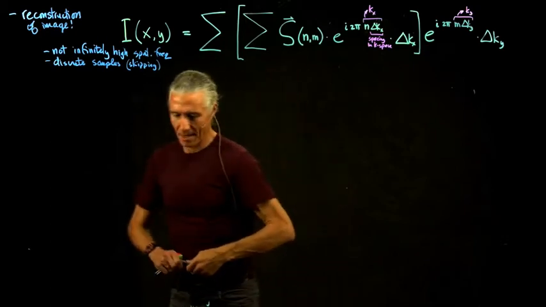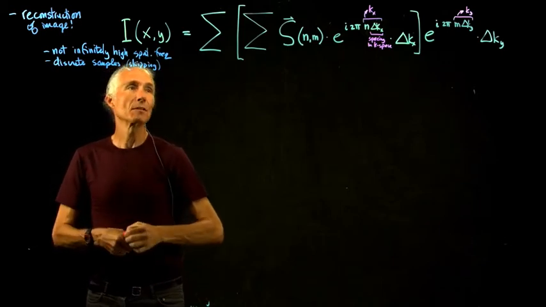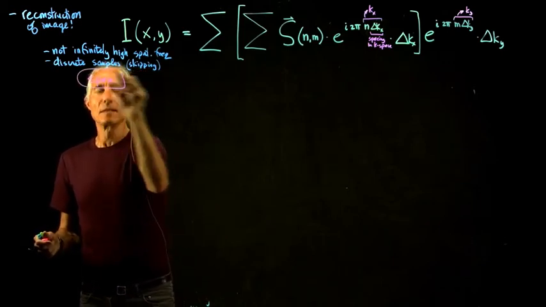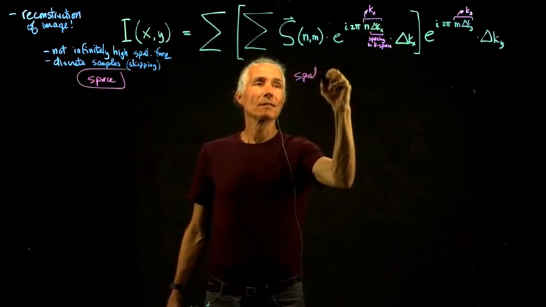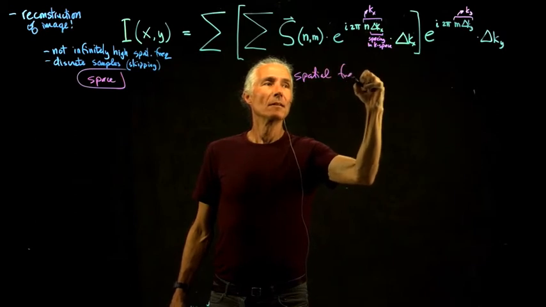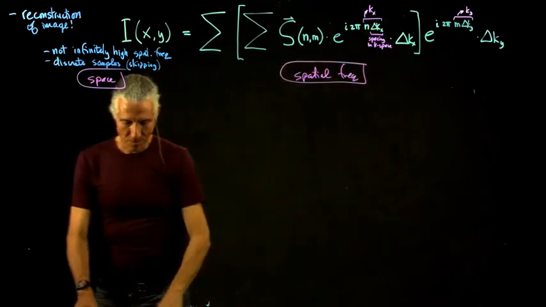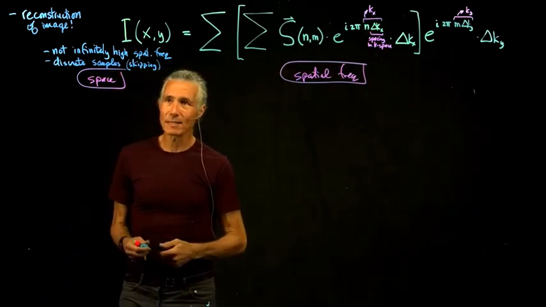So if we look at, starting, here's the space side of things, and here's the spatial frequency side of things. We'll do 4 different cases. So the first case is the infinite case.